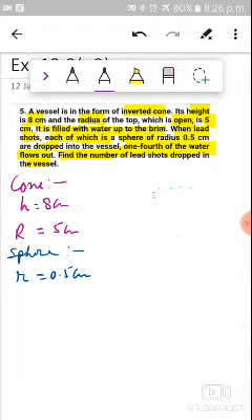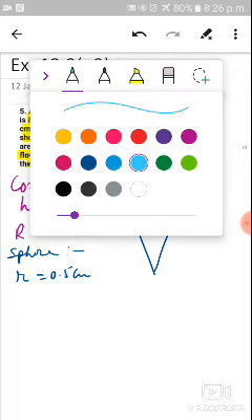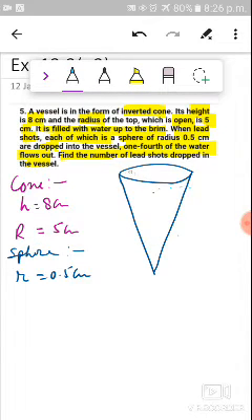Now let us draw the diagram. So this is the inverted cone, right, which is filled with water up to the brim. So this is filled with water.